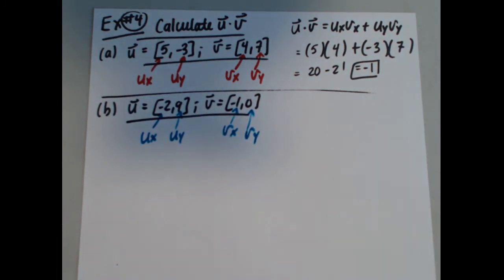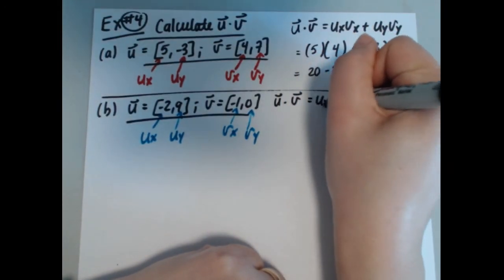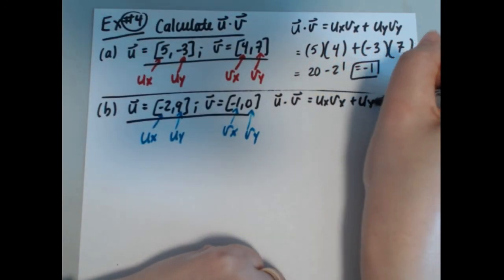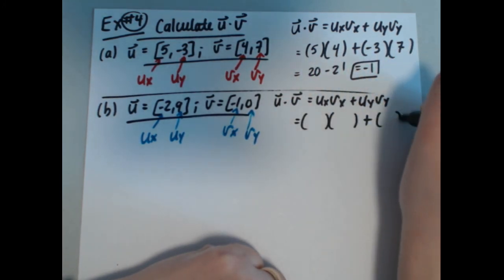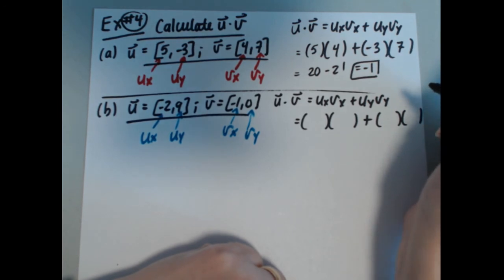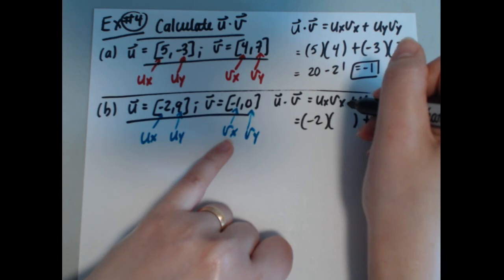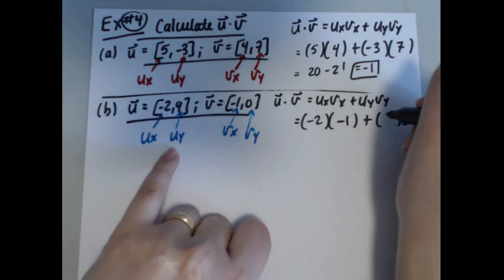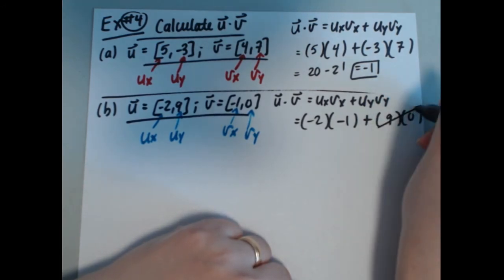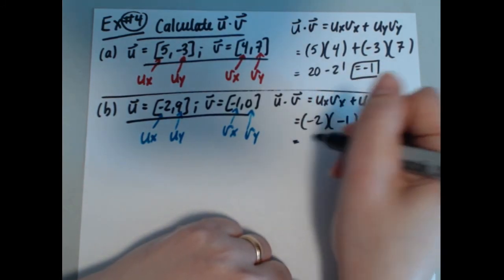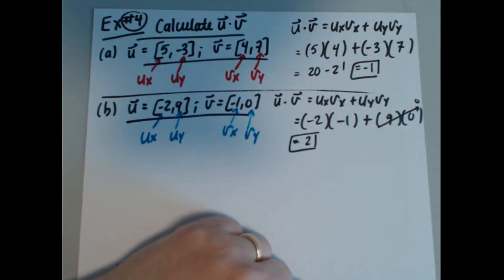So it's the same strategy. u dot v is equal to ux vx plus uy vy. So the sum of two products, or the sum of products. So ux is negative 2, vx is negative 1, uy is 9, vy is 0. 0 times anything is 0, so negative 2 times negative 1, that's positive 2.